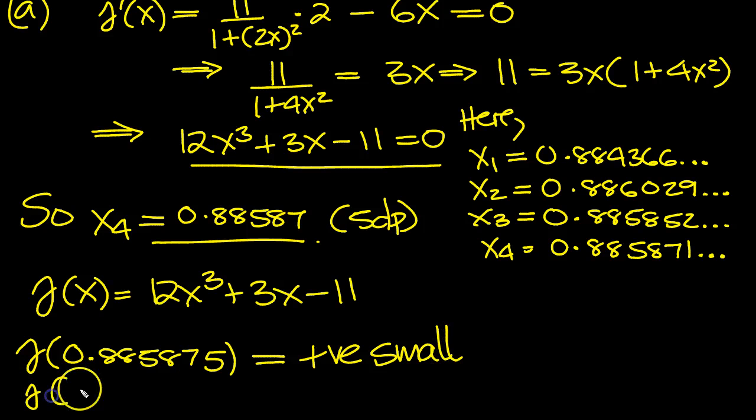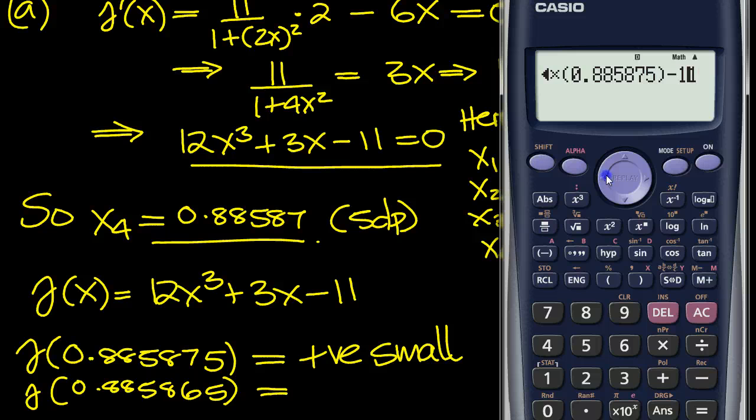So let's try f of 0.885865. Let's try that then and see if that's negative now. So let's go back. We need to change it twice, don't we? We need to change a 7 to a 6, and change that 7 to a 6.